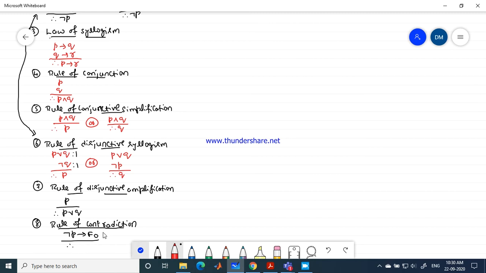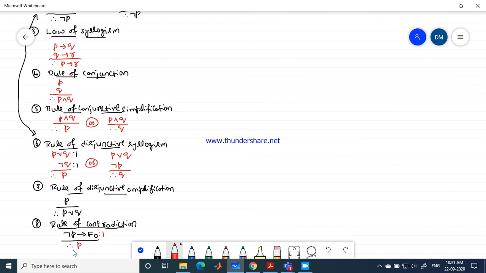Say this is a true statement. Try to understand. This is a true statement. F naught is always false. Since F naught is false, what should be the truth value of negation P to have this implication as a true statement? Yeah, negation P has to be 0. If negation P is 0, what am I supposed to write in the conclusion place? Very good answer. That's all.